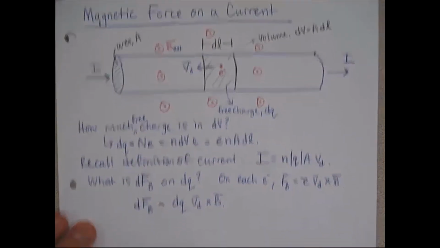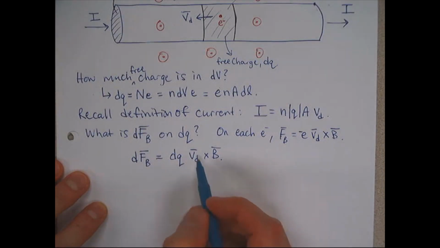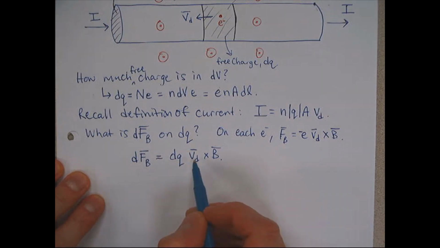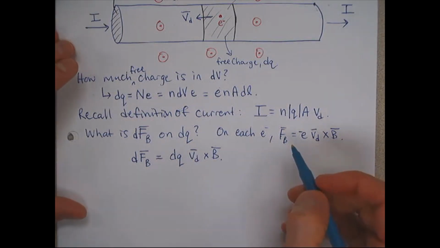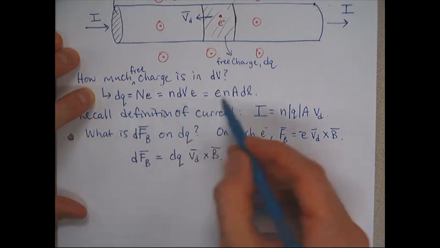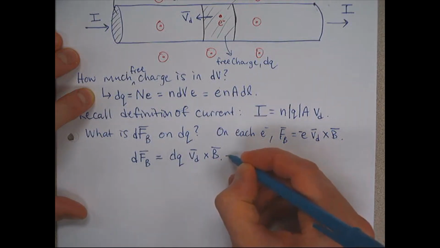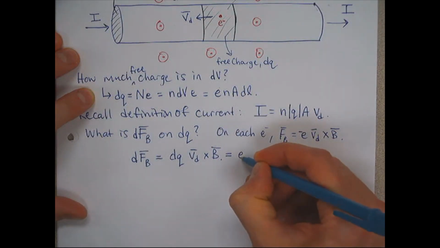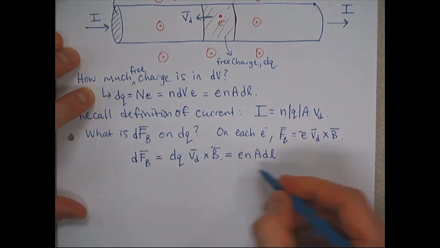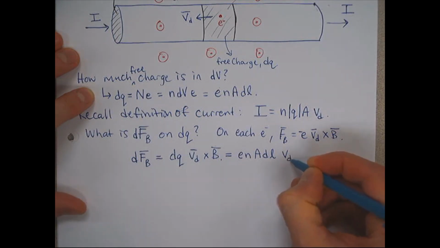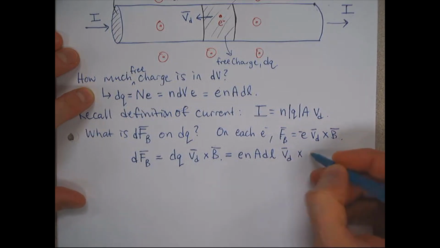Well, look at this expression here. Charge times velocity conveniently can be represented in the following way. We have dq, which is e n A dl from above, vd cross B field.